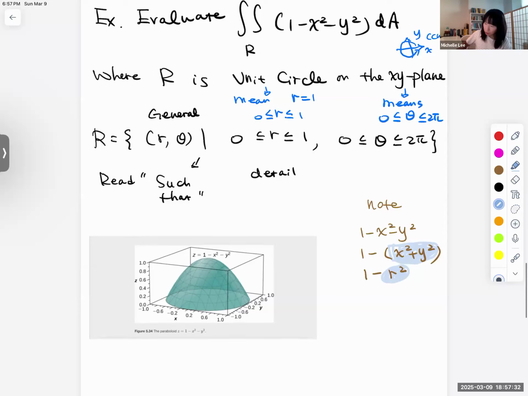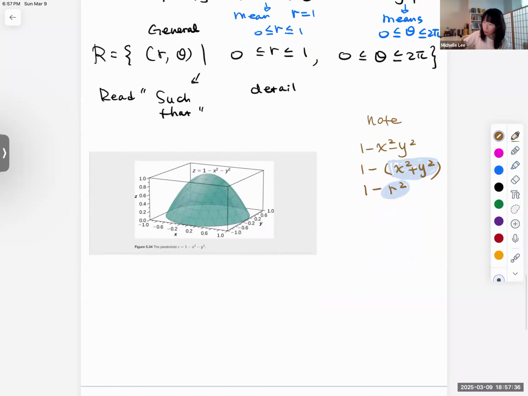All right, so let me rewrite one more time. So double integral over region R, we have 1 minus x squared minus y squared dA.